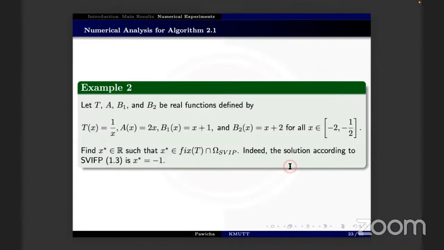I start with this example where the mappings T, A, B1 and B2 are defined like this on the real line.